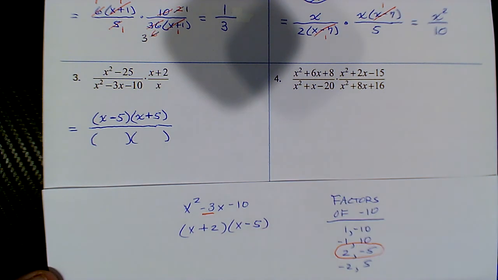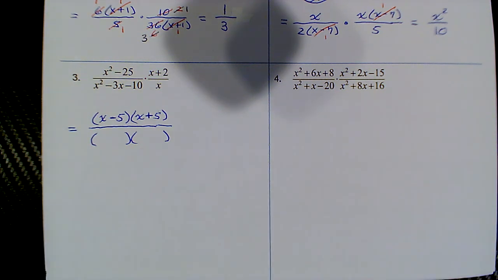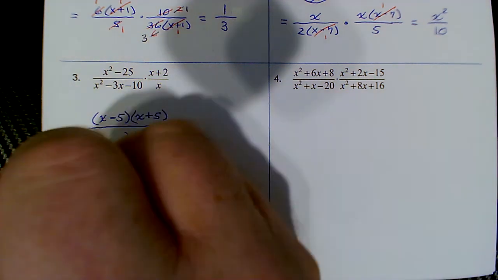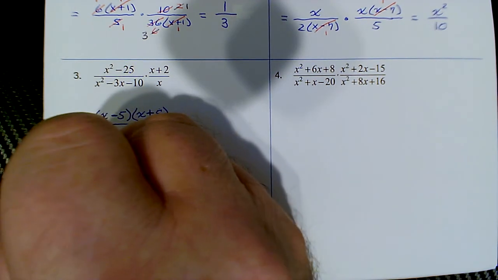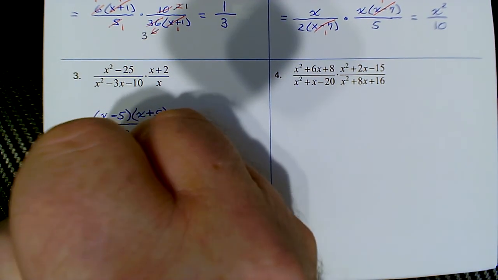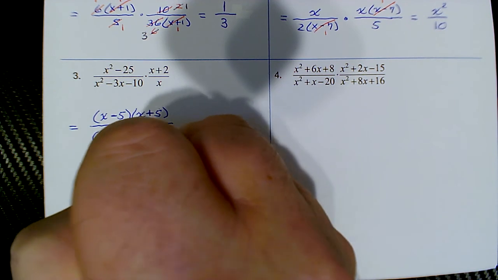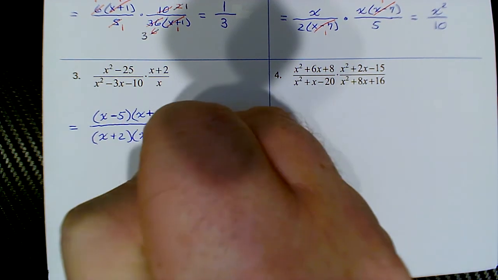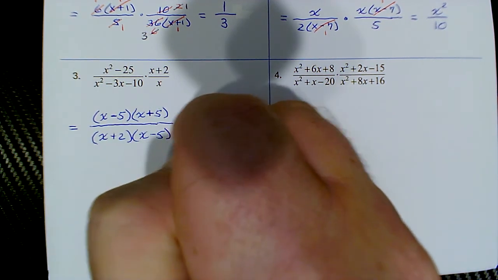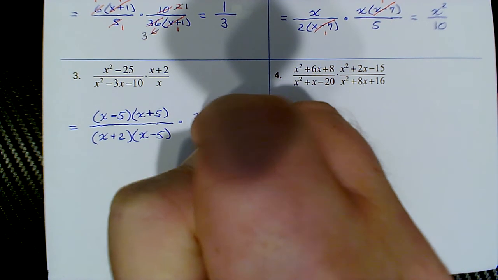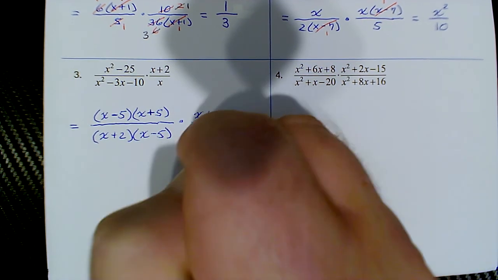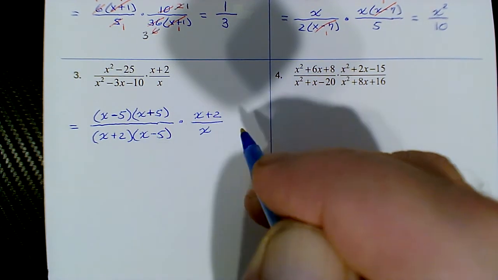So a lot of times with some of these problems, you want to use some scrap paper to do the preliminary work. So here we have an x plus 2 and an x minus 5. Okay, now that's being multiplied by x plus 2. That's a binomial. We'll just have to recopy it over x.